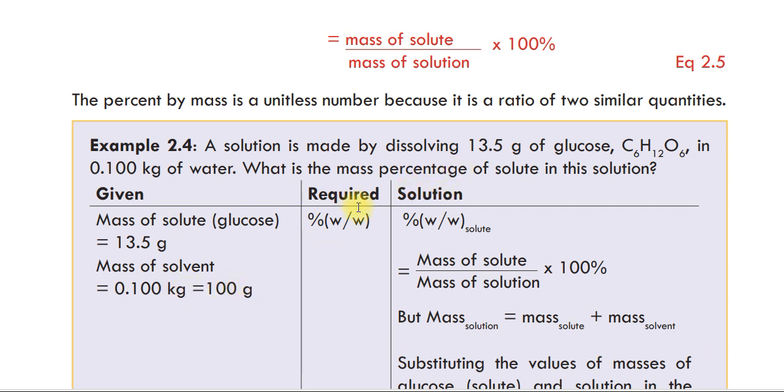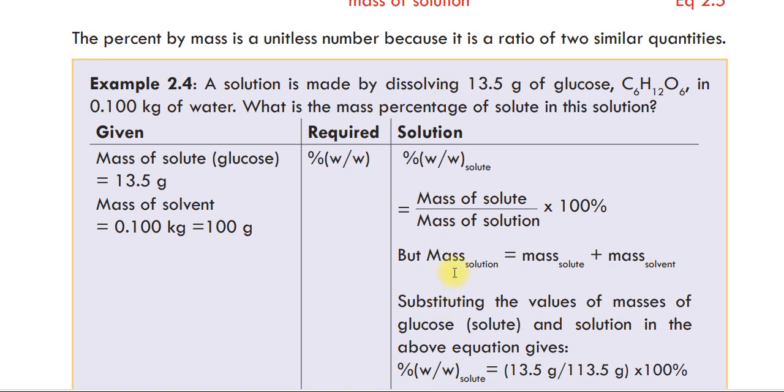And the required one is the percentage of solute in this solution. Okay, the percentage of solute. ስለዚህ percentage by mass of the solute which is equal to mass of the solute over mass of the solution times 100%. But mass of the solution is equal to mass of the solute plus mass of the solvent.